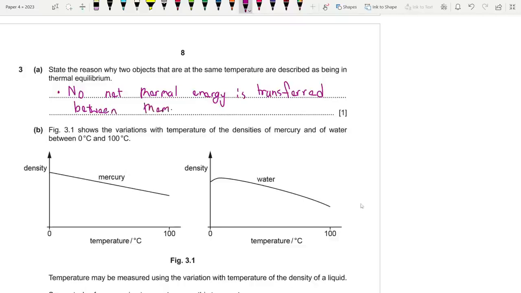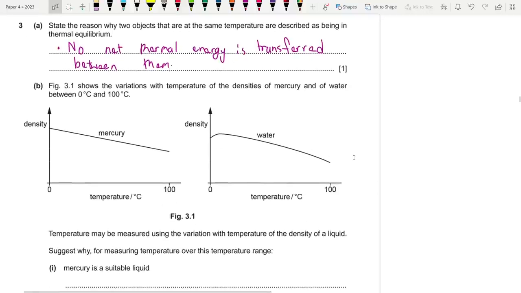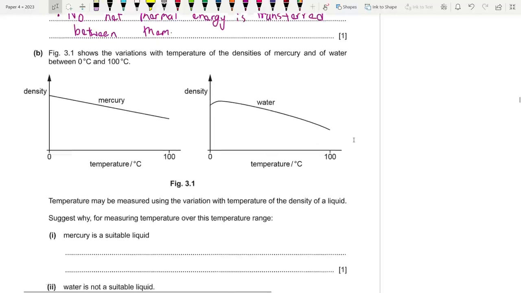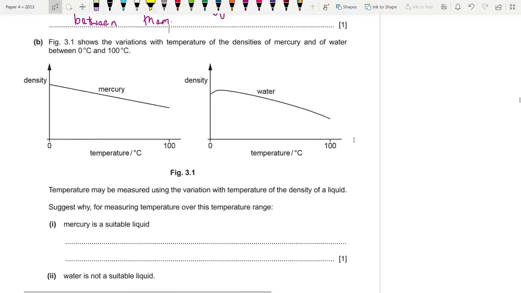This is extremely important. Okay, now figure 3.1 shows the variations with temperature of the densities of mercury and of water between 0 and 100 degrees Celsius. Fine. Temperature may be measured using the variation with temperature of the density of a liquid. We know that all thermometers have a thermometric property and substance. What is the thermometric substance? It is a physical property which varies with temperature.